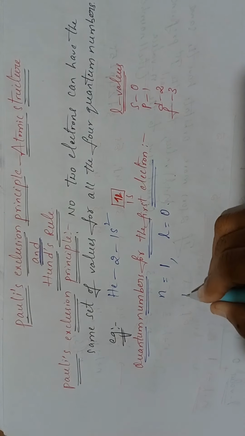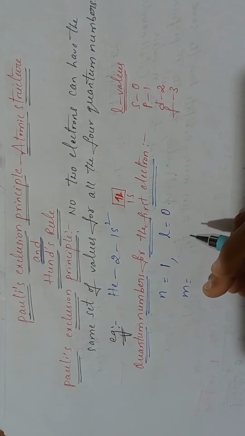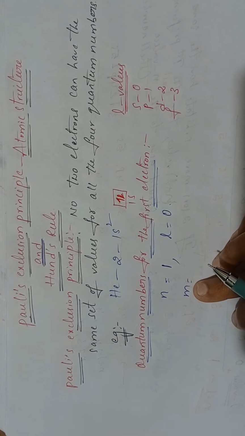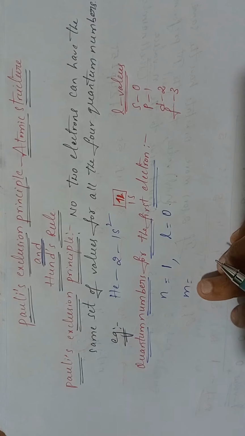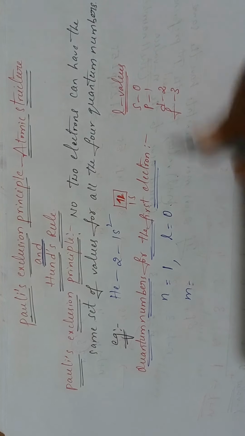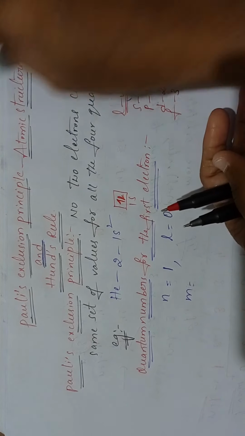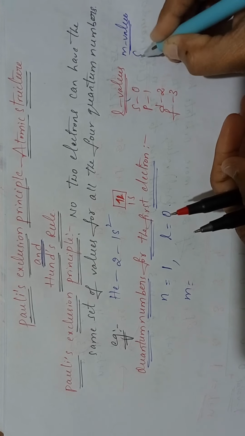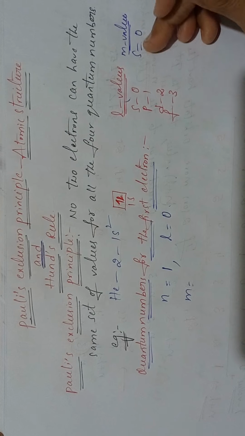Next, the m value. l is the azimuthal quantum number, and m is the magnetic quantum number. What are the m values for the s subshell? 0.